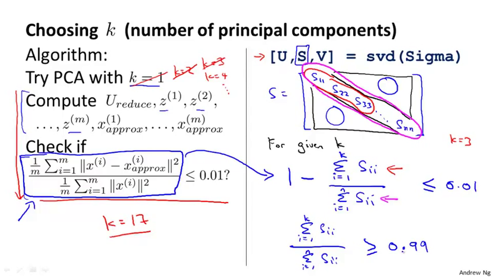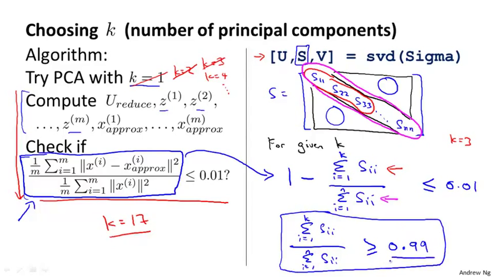So you can slowly increase k, set k equals 1, k equals 2, k equals 3, and so on, and test this quantity to see the smallest value of k that ensures that 99% of the variance is retained. And if you do this, you need to call the SVD function only once, because that gives you the S matrix, and once you have it, you can keep doing this calculation by increasing the value of k in the numerator. So you don't need to keep calling SVD over and over again to test out different values of k.